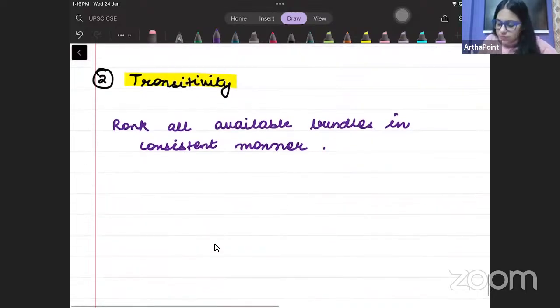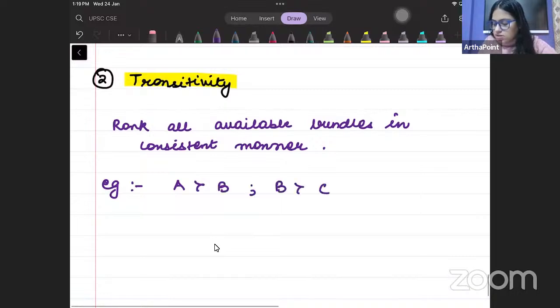That is transitivity. Just say, for example, if I am saying I will prefer A over B, I will prefer B over C, I should be able to prefer A over C. अगर A B के ऊपर preferred है, B C के ऊपर, तो A C के ऊपर preferred होना चाहिए. Right?